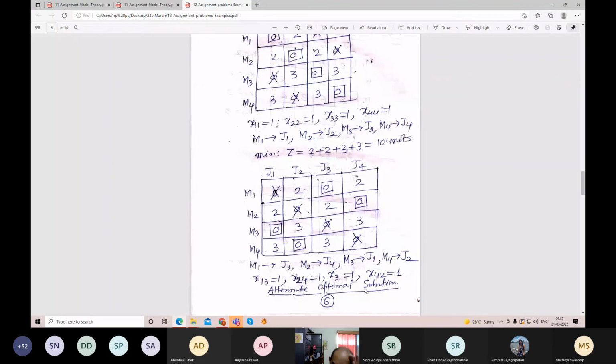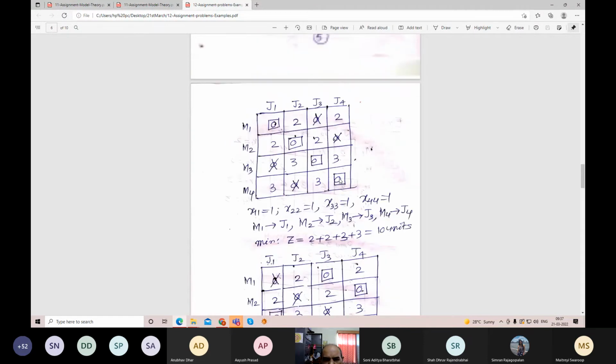And sometimes, what do we do? If for a particular machine the processing cost is huge for a given job, we put big M, and that we should avoid.